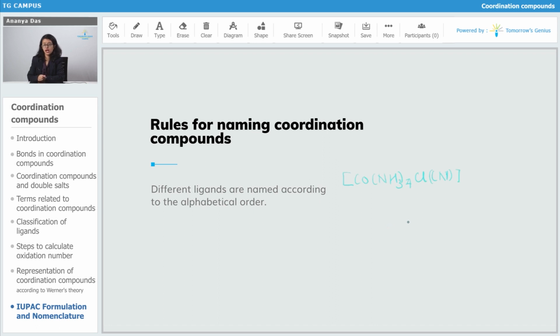Now, first of all, you have to see whether I have written the complex correctly or not. It's not correct, because NH3 will be written after Cl and CN, because it starts with nitrogen.